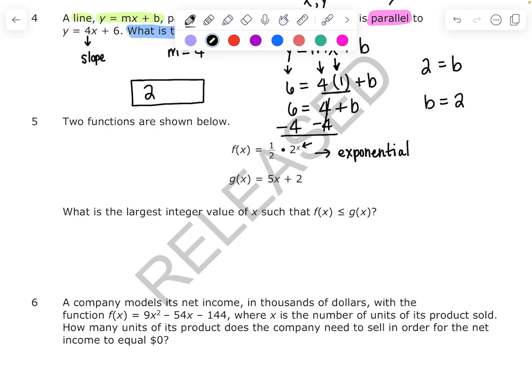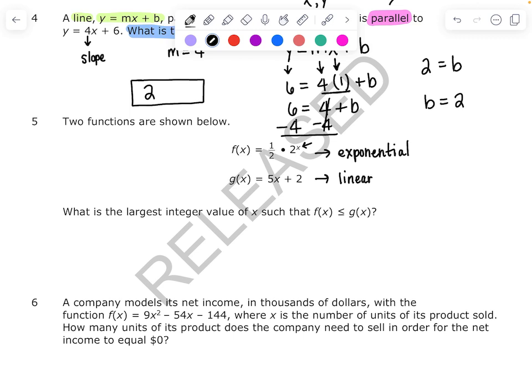Notice your variable x is the exponent in the equation, and this is a linear equation. We know this is linear because the variable x has a degree of 1. Notice we have a slope of 5 and a y-intercept of 2.